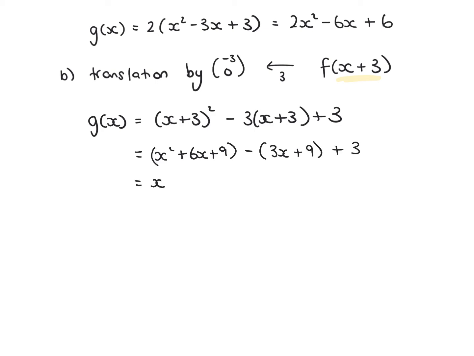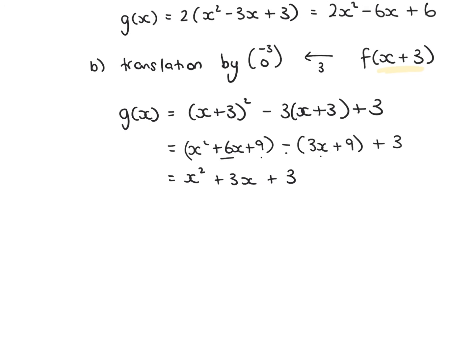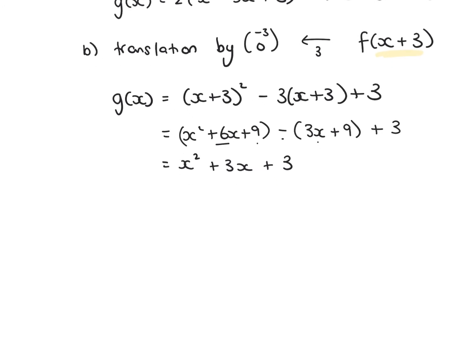So I've got x squared. I've got 6x minus 3x, 3x. I've got 9 minus 9 plus 3, so that's plus 3. So I've got x squared plus 3x plus 3 as my simplified version.